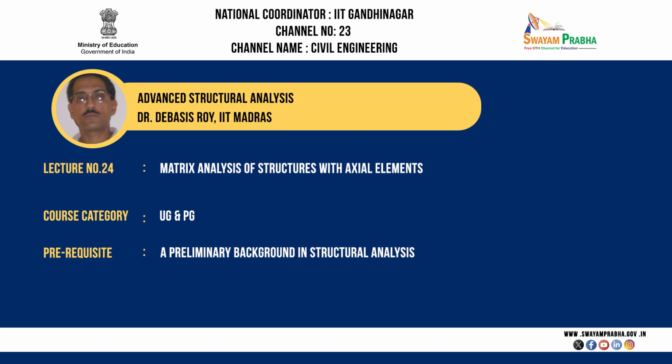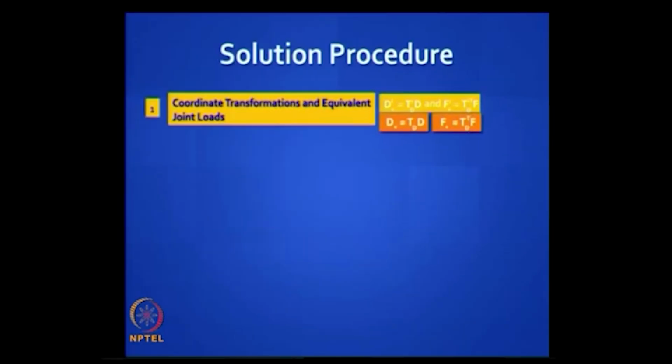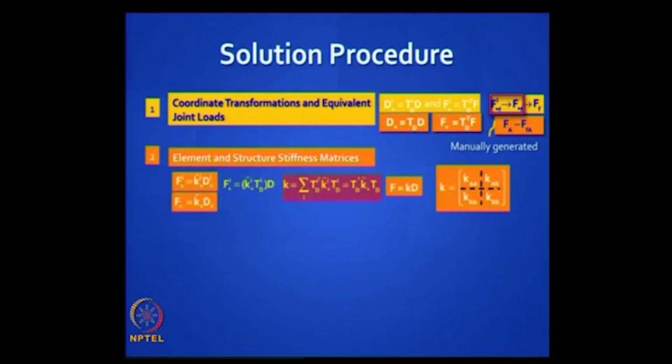What is the procedure? Well, first you have to find out the TD matrix, then somehow you must get the equivalent joint loads, which we will soon demonstrate, but you have to do it manually, you can't use TD transpose. Then you write down the element stiffness matrix for the elements and generate the structure stiffness matrix.